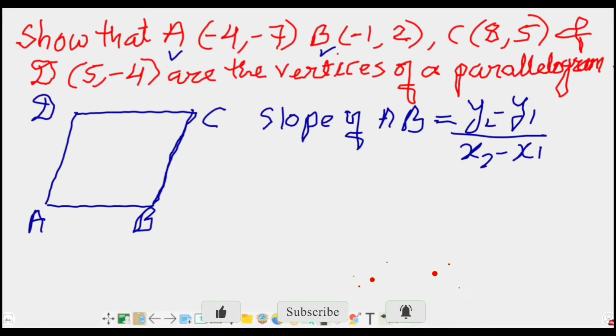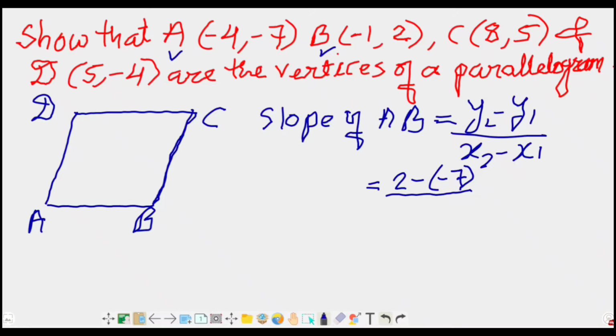So when you substitute, it will be 2 minus 7 upon minus 1 minus 4. So you know 2 plus 7 is 9 and this will give you 3. So your slope here is 3.